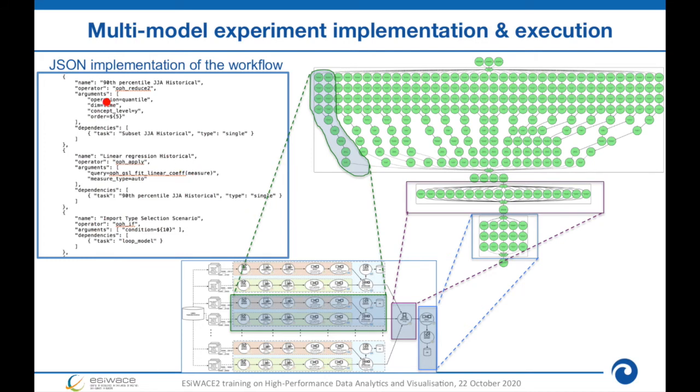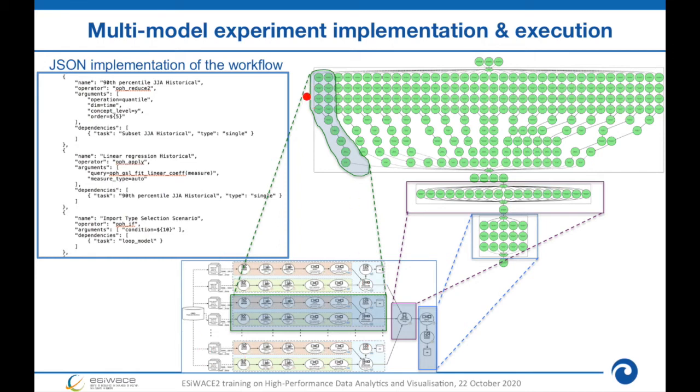So here we can see a snippet of the JSON implementation of the workflow. The full workflow is available on GitHub, and I can also share the link if someone is interested. At runtime, this is translated into this graph, and we can see that the structure basically reflects what we implemented in this high level representation.